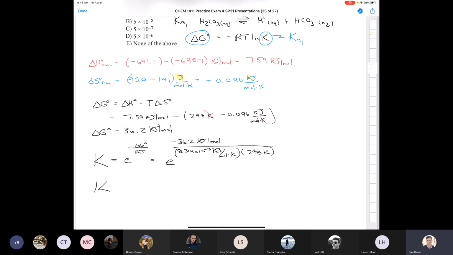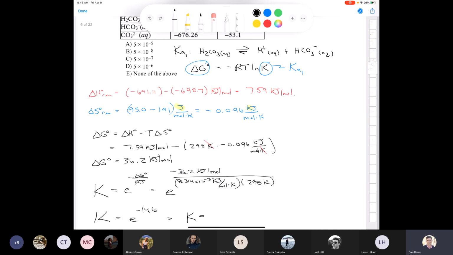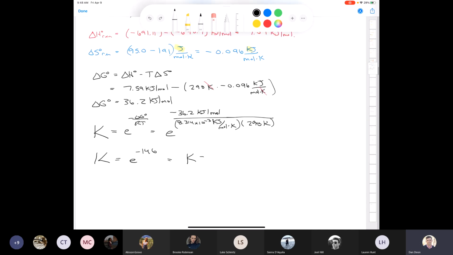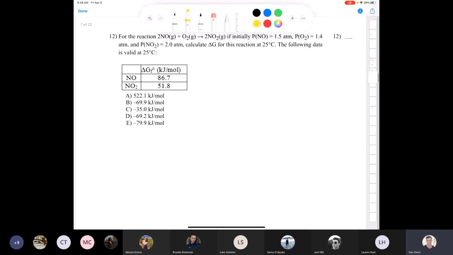That gives me K is equal to e to the power of negative 14.6. I end up with my K as being equal to 4.5 times 10 to the negative 7, which is going to round up to having only one sig fig. You see that all the answers have only one sig fig, and so that's going to give me 5 times 10 to the negative 7, which is C. All right, got those two done.